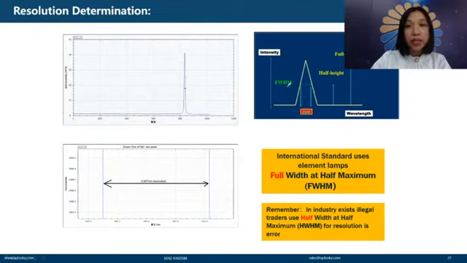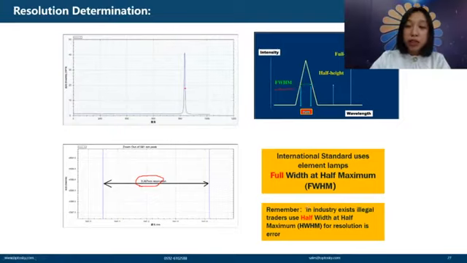Half width, HM. We can have 0.367. This is a very good resolution in the industry, and we use the FWHM.